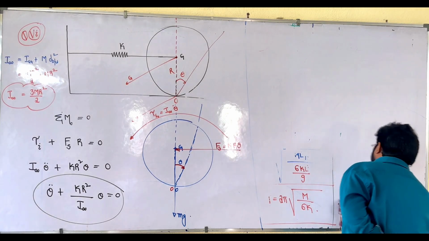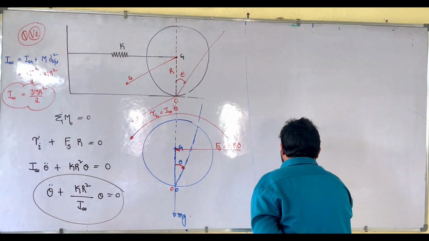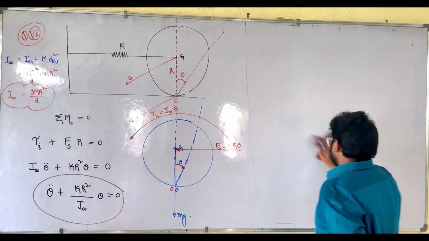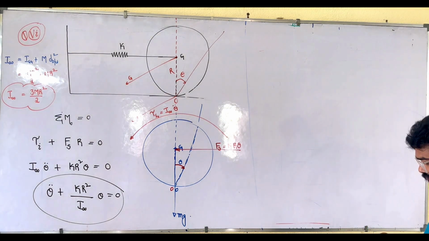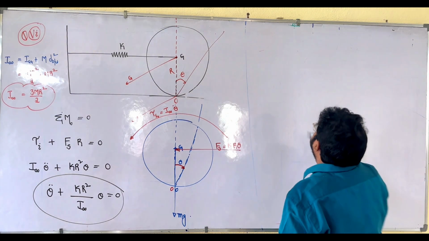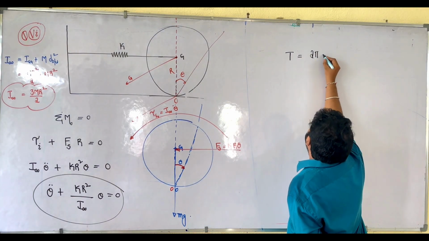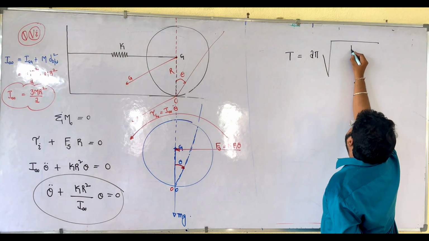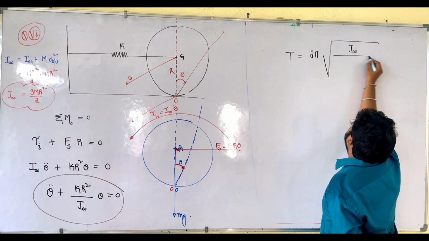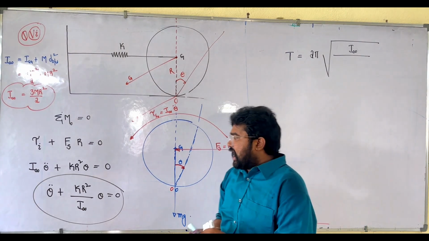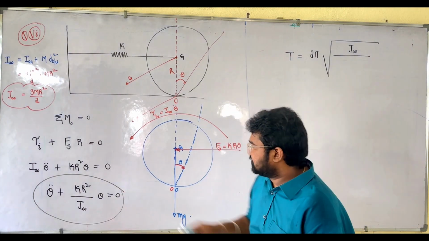Now tell me the short trick. How to answer this question? T equals 2 pi square root of I O O by K into R square. Are you getting the same here also?